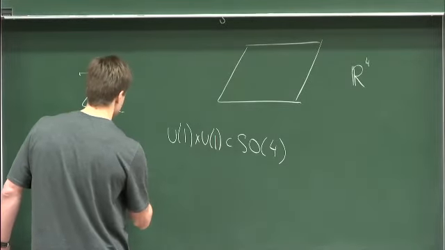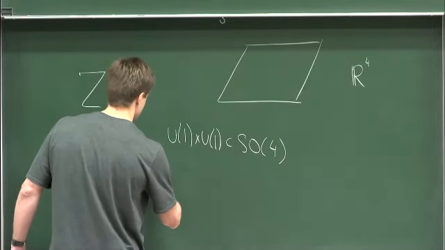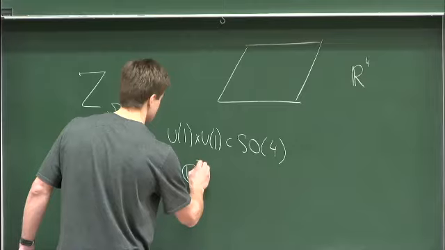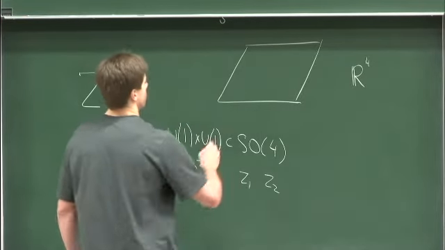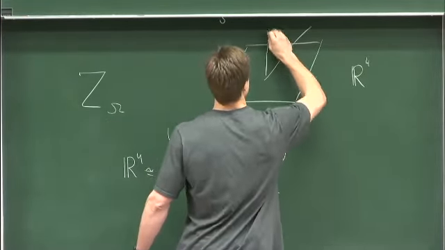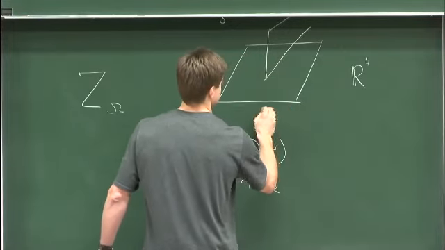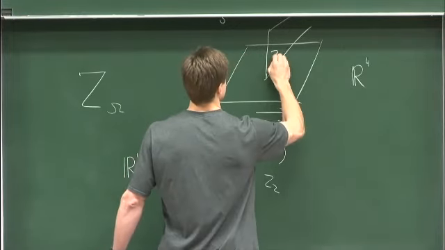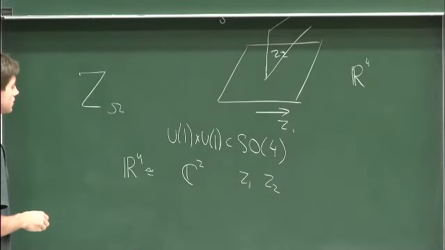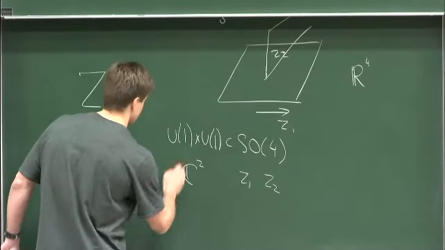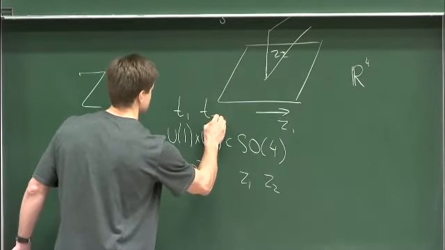So R4 would be C2, let's say with coordinates Z1, Z2. And let's say the generators of U1 are denoted by T1, T2.